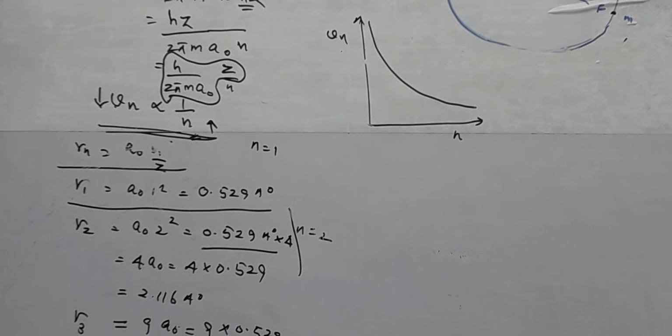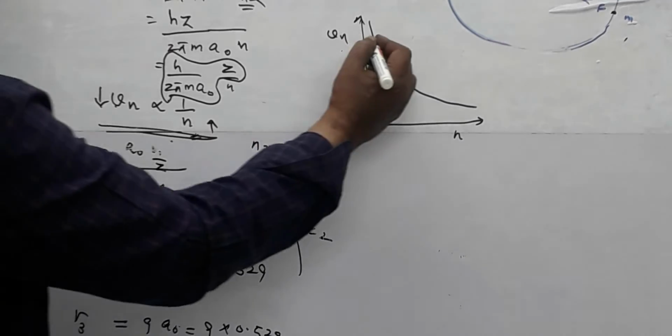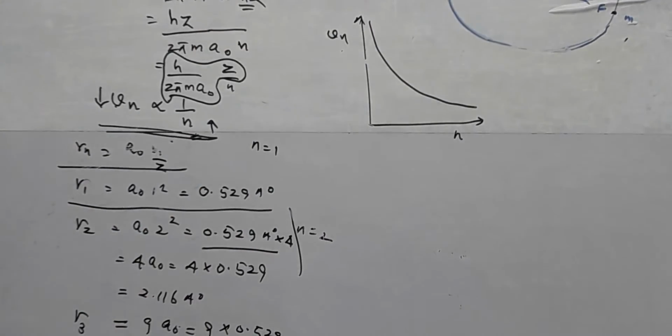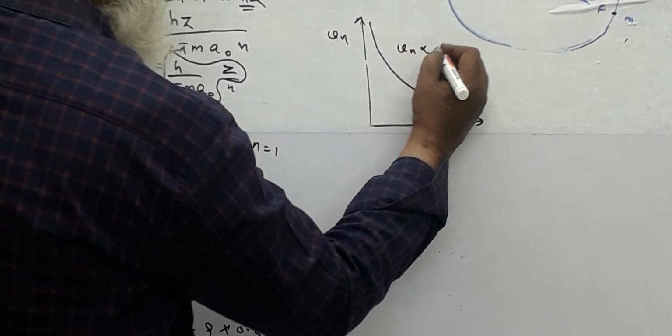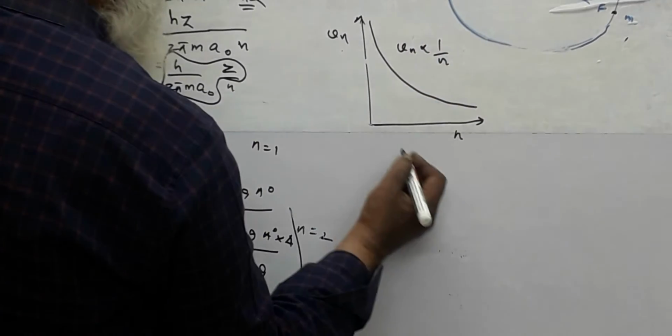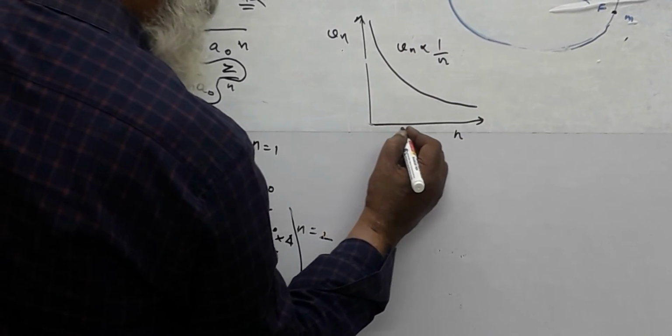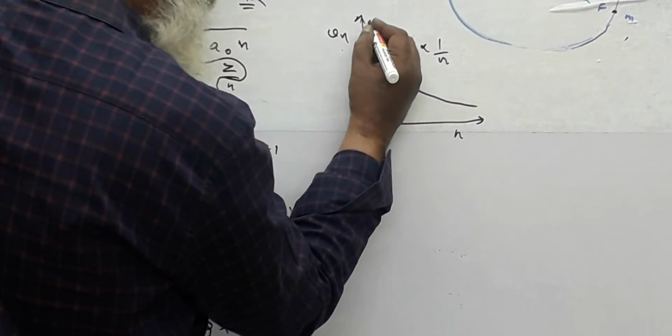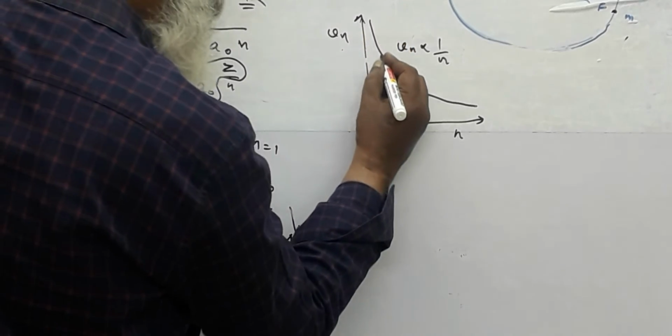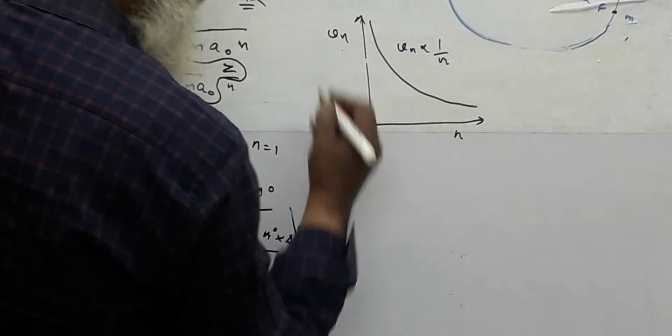This graph is called a rectangular hyperbola. This rectangular hyperbola indicates that Vn is proportional to 1 by n. That is, when you increase the value of n, the value of Vn will decrease as shown in the graph.